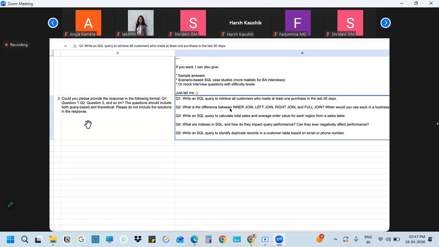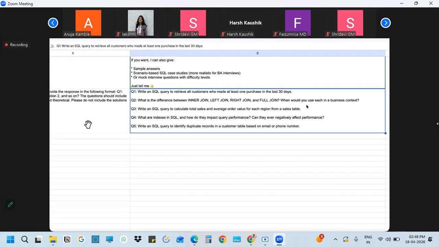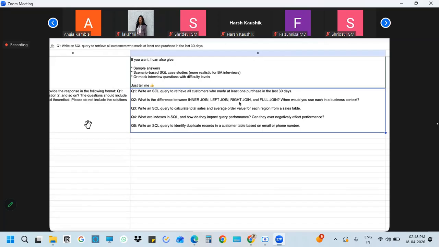There are some things which are incomplete, right? Write an SQL query to retrieve all customers who made at least one purchase in the last 30 days. You need to know the schema here, right? I don't know the customer schema. This is a theoretical question, which is good in itself.